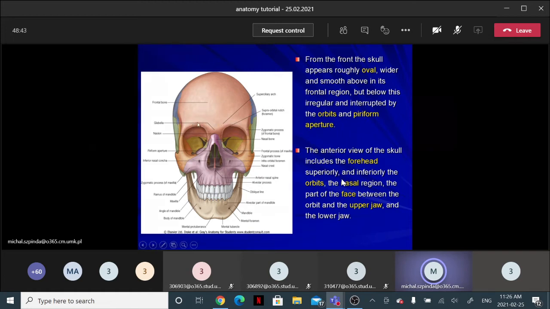So the transverse line joining the uppermost points of two superciliary arches. Somewhat here is ophryon. Somewhat lower is glabella.